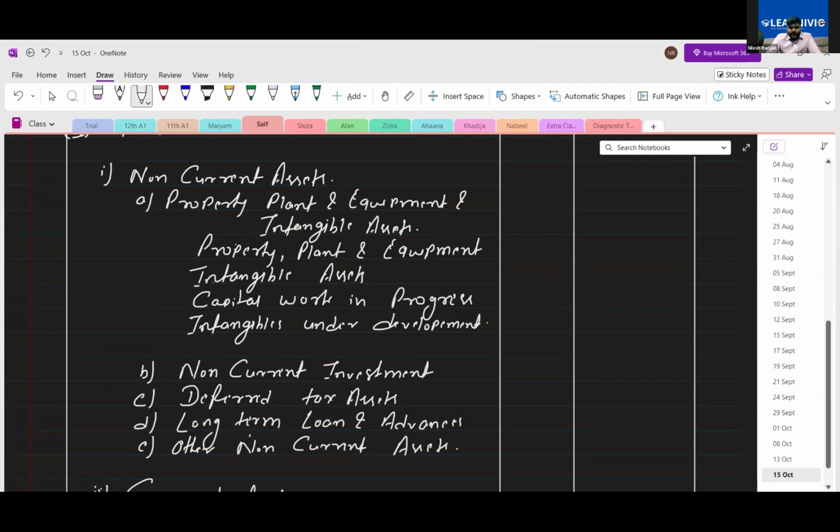Oh, sir, I thought each line in A was B, C, D, E. The first part is non-current assets; under that, A, B, C, D, E. Yes, sir, but in A there were four more lines, so I thought each one of them was B, C, D, E. That's why I wrote like that. So I made this mistake. Correct it. Okay, sir.